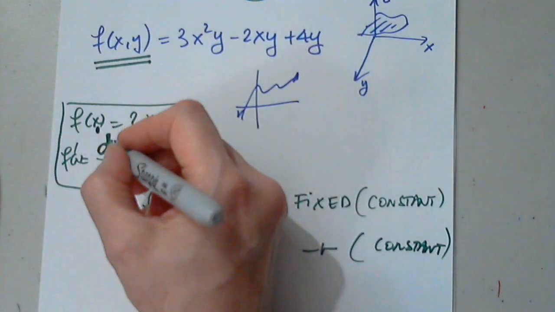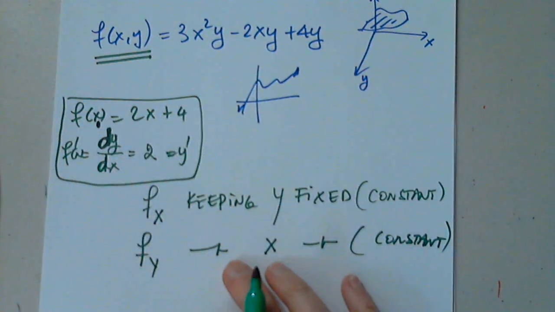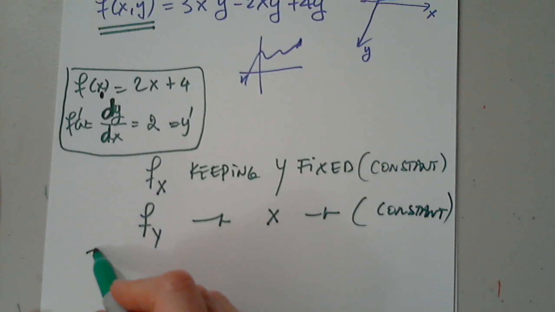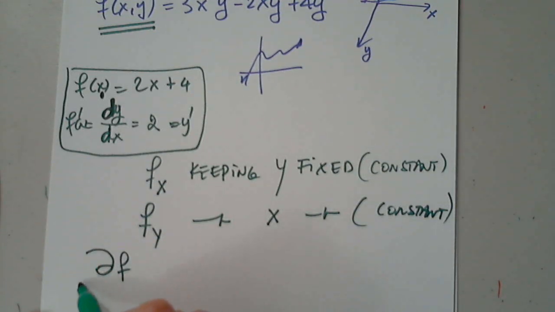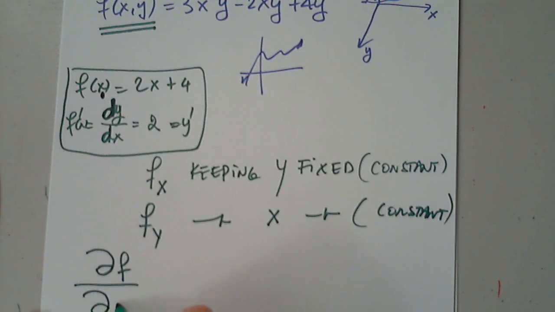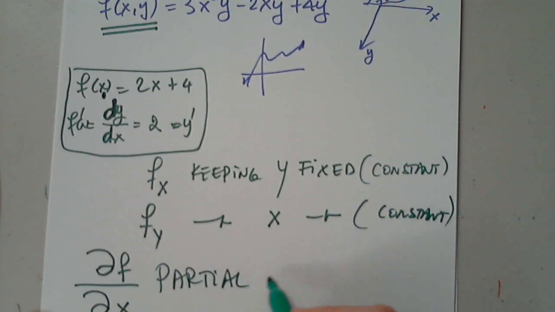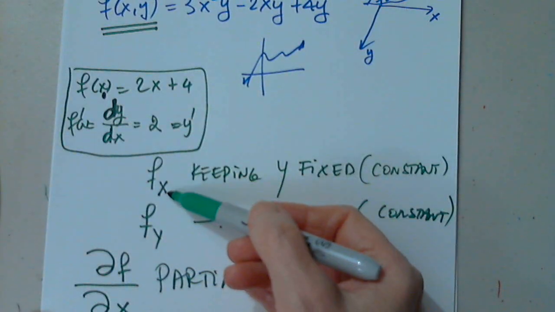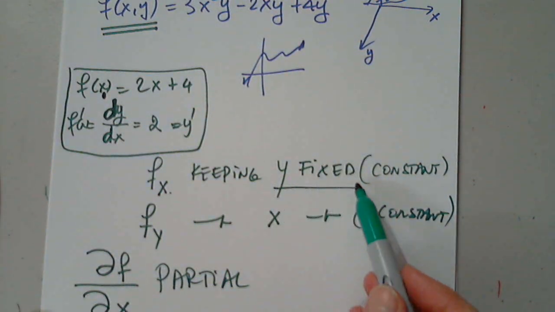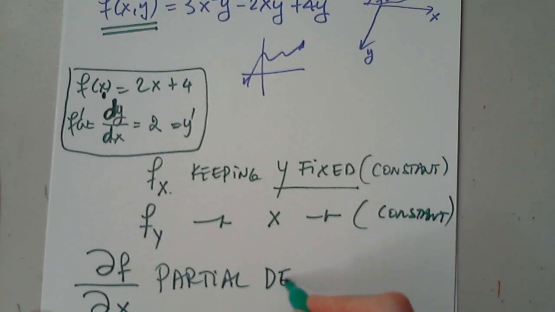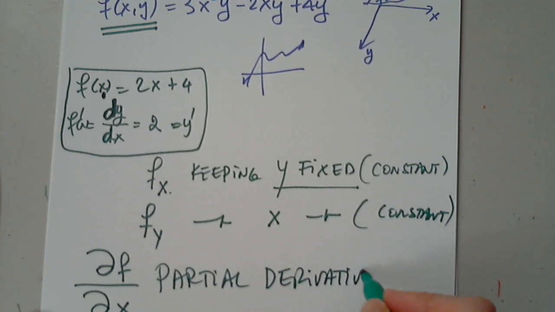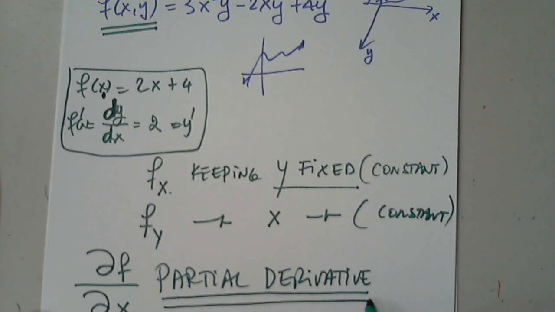If I want to differentiate with respect to y, I have to keep x fixed or constant. The notation will not be a regular d, but the notation will be this f, this x. This is called partial. Why partial? Because I'm differentiating with respect to x when y is fixed. It's partial derivative, not derivative, partial derivative.